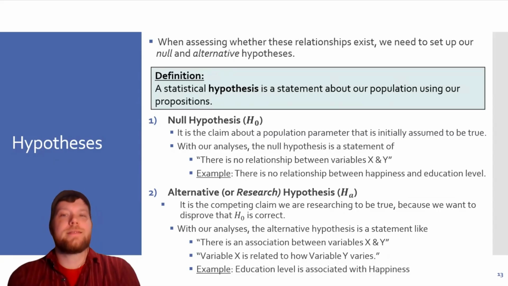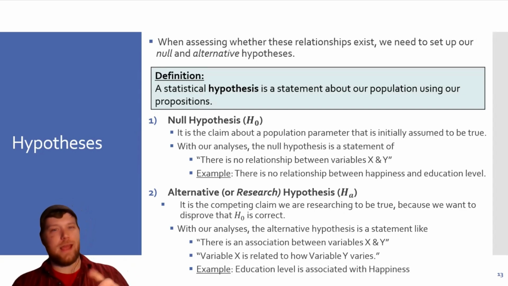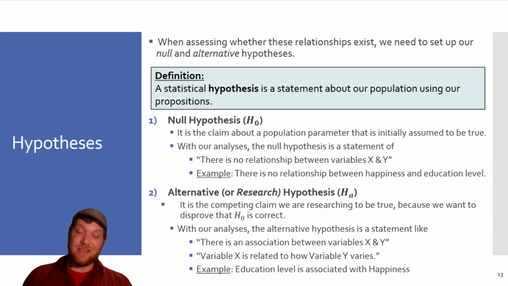When I say null, that is basically saying there's nothing happening. So if I say the null hypothesis is H sub 0, that's basically saying there's no relationship going on. If there's no relationship between two variables, X and Y, then we don't think that anything is causing or being related to the other.